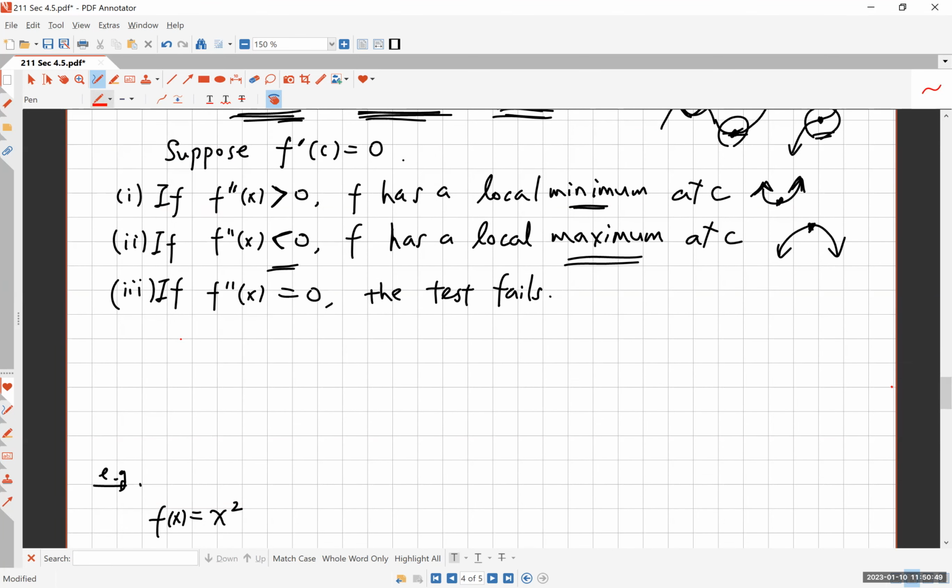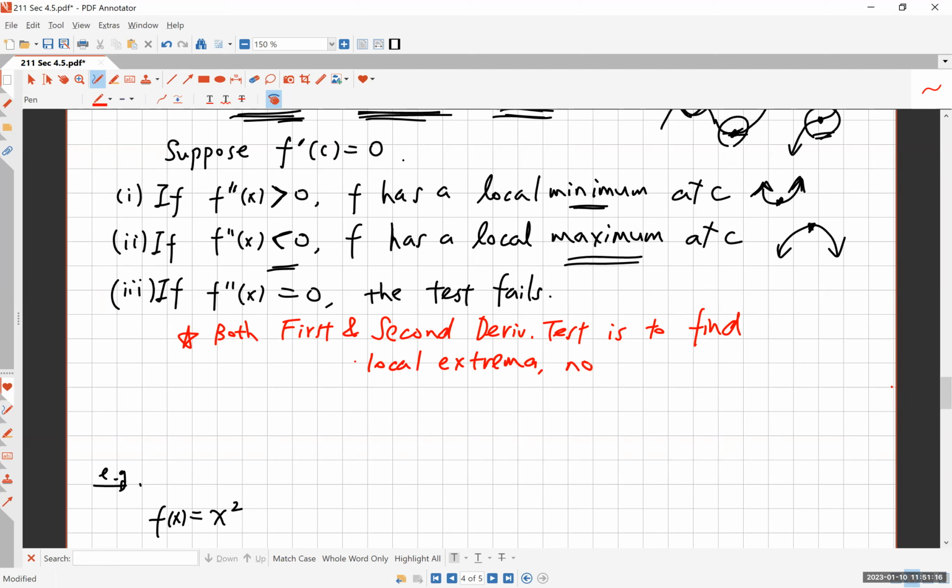I want to emphasize one very important thing here. Both the first and second derivative tests are to find what? Local, relative extrema.